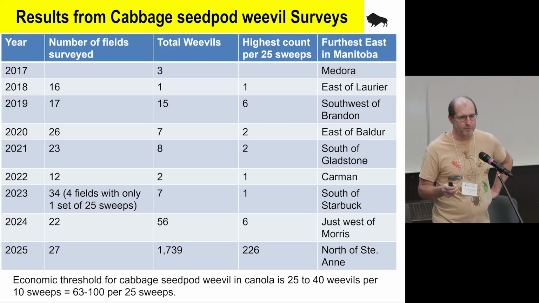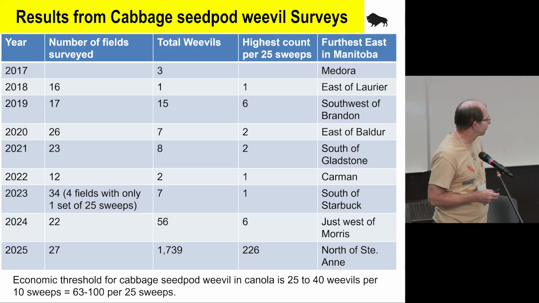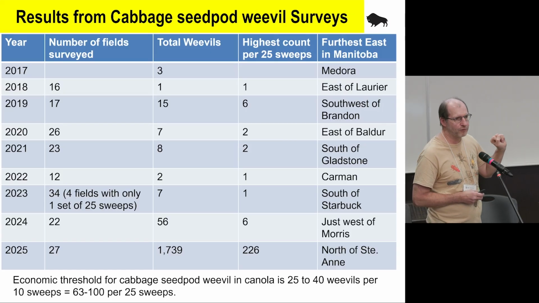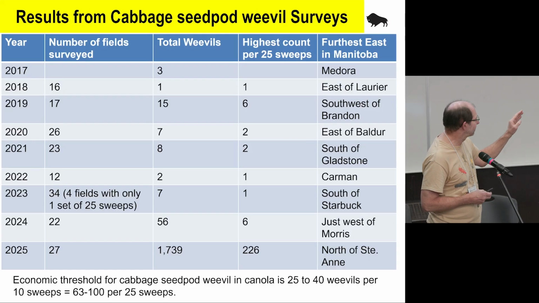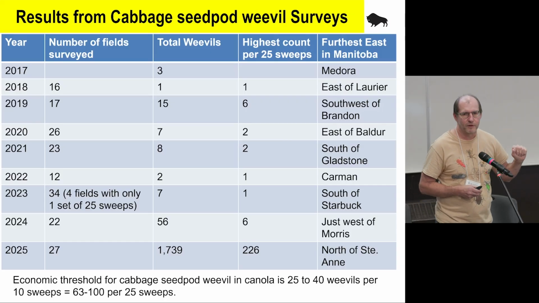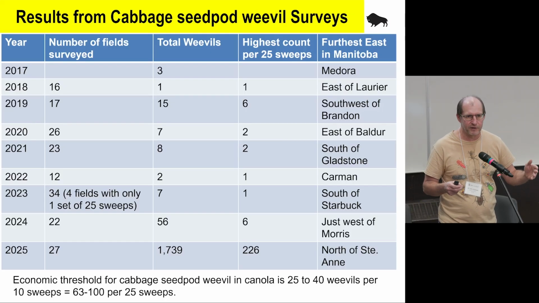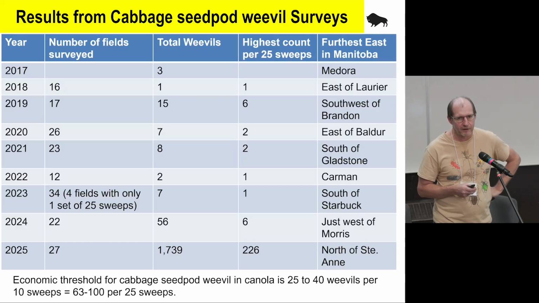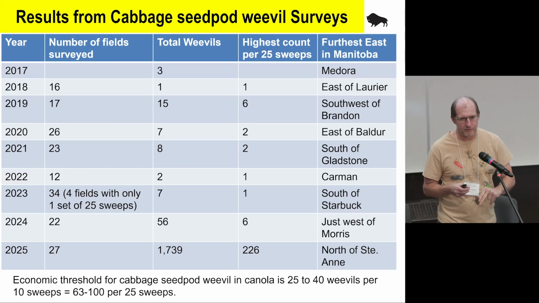And just to put that into perspective, the economic threshold is 25 to 40 weevils in 10 sweeps. So in a 25 sweep sample, that would be 63 to 100 weevils. And my highest was 6. So until this year, I was suggesting that, yes, we have cabbage seedpod weevil, but it's at such low levels that it's really not of economic concern. That all changed this year.